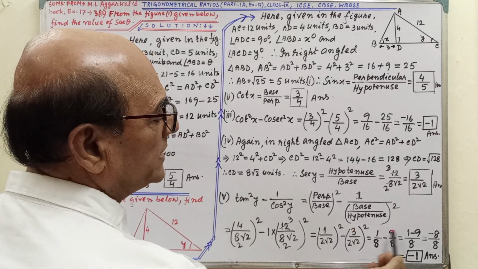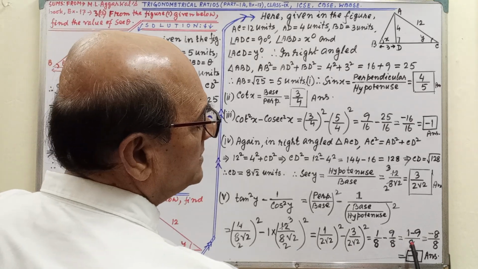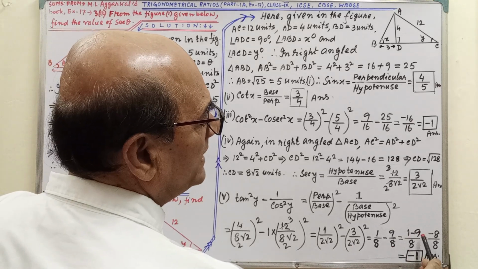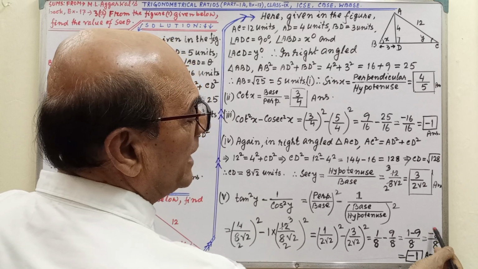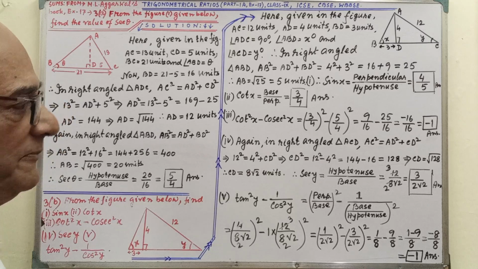In this way, 3 square is 9 and 2 root 2 whole square is 8. LCM will be 8, then 1 minus 9 is minus 8. Minus 8 by 8, by cancellation, is minus 1.